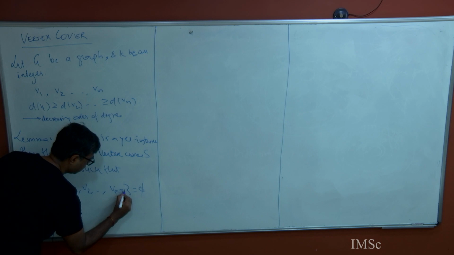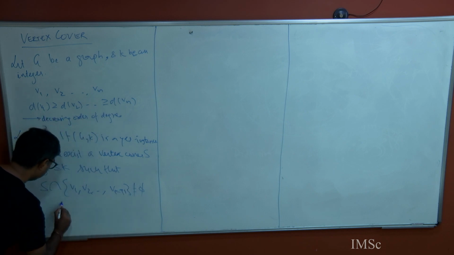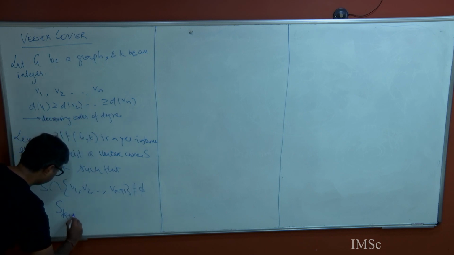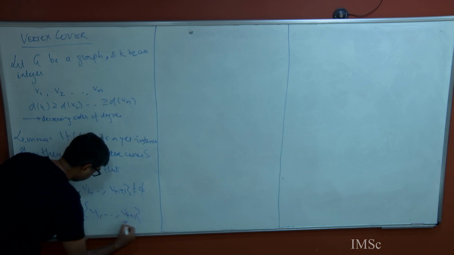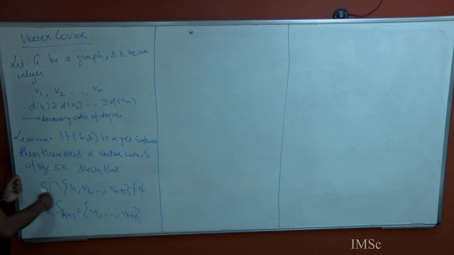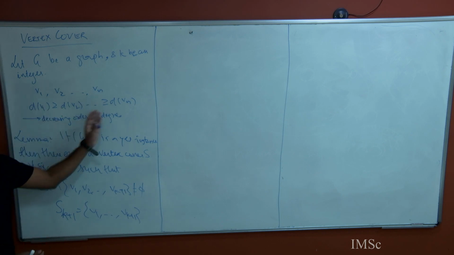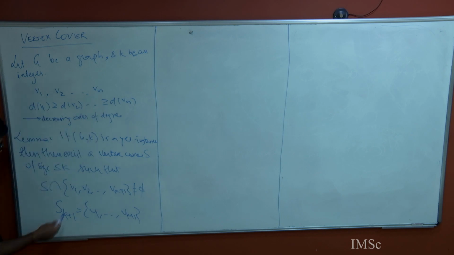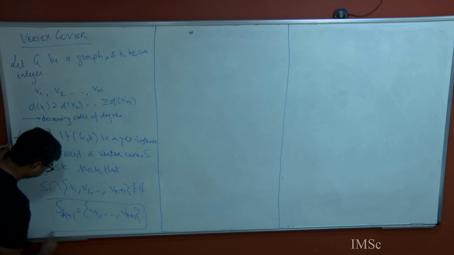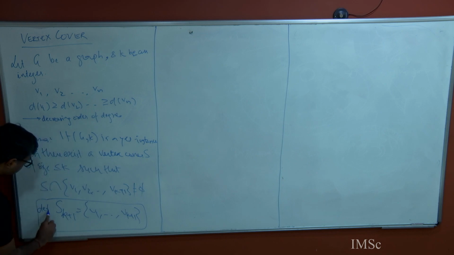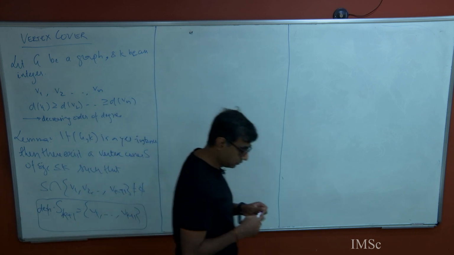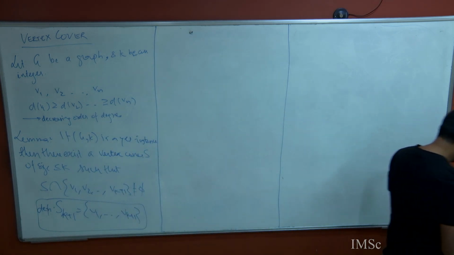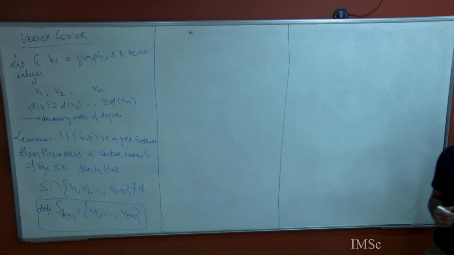From now onwards I am going to denote this sequence so that when I write Sk plus 1, it will mean the first that many vertices. This is just a definition. We proved this last time and I am not going to reprove it. But using this, can we design an algorithm?